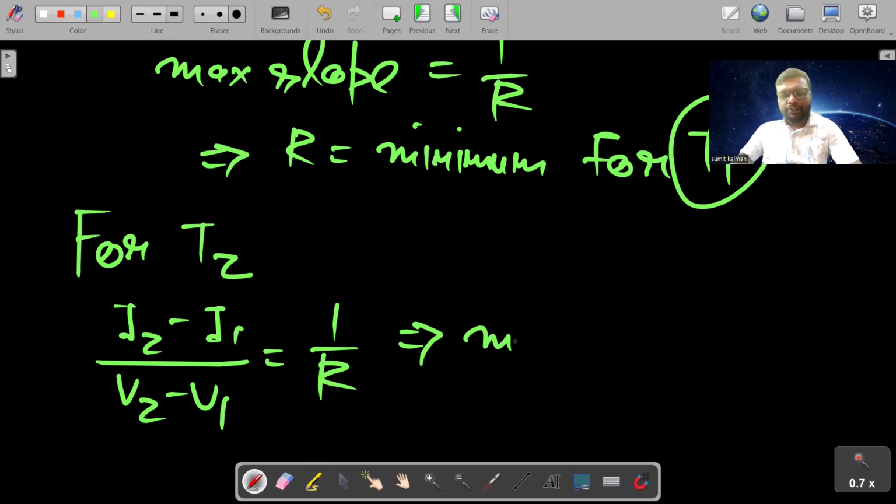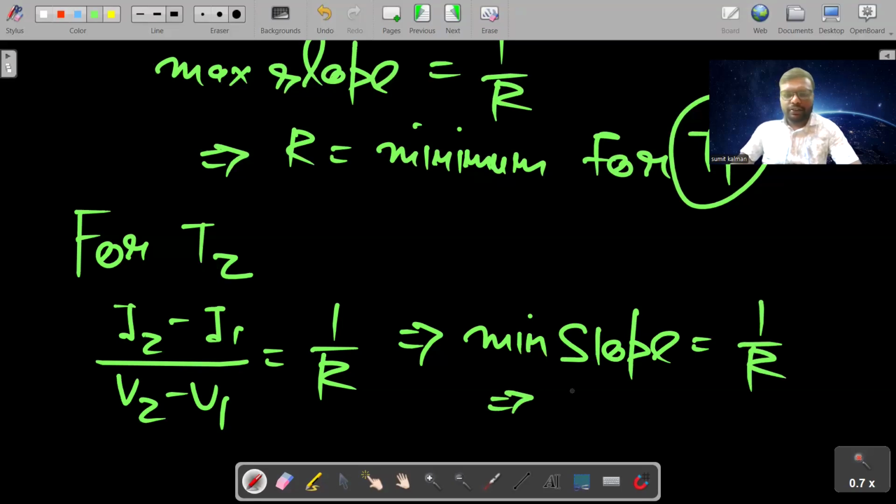So minimum slope is equal to 1 upon R, which implies R will be maximum for temperature T2.